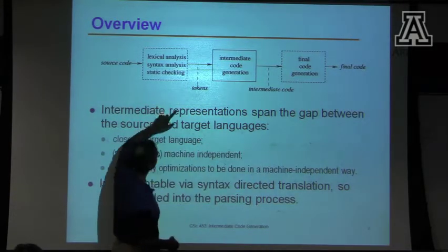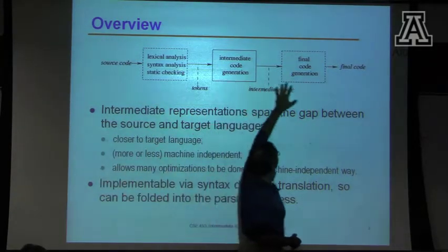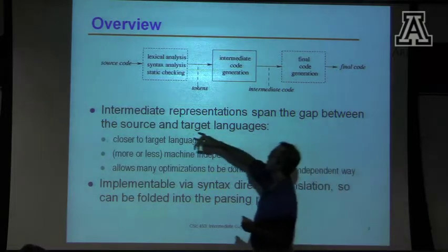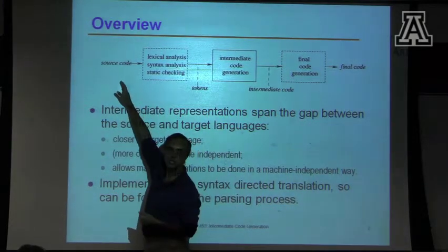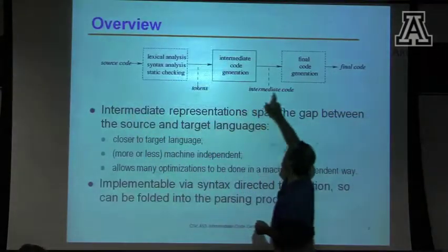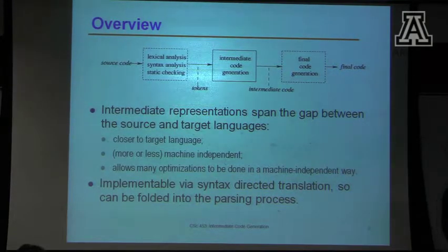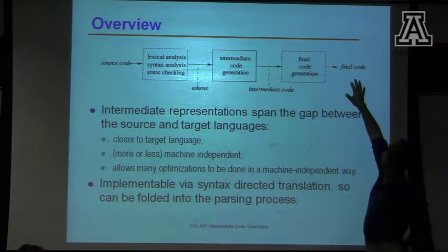The reason for these multiple steps is that, well, there's a couple of reasons. One is that very often the source code is at a much higher level of abstraction than the final code. So source code will offer language level abstractions that are way more abstract than what the final code offers.